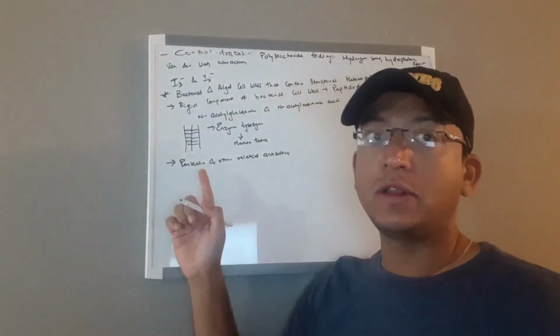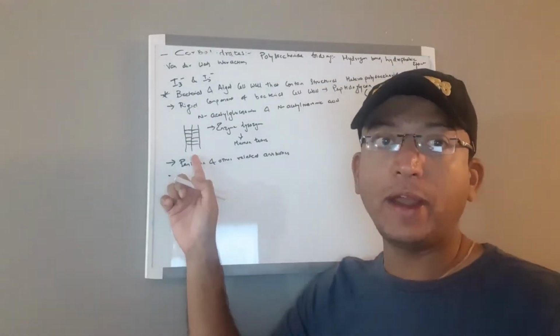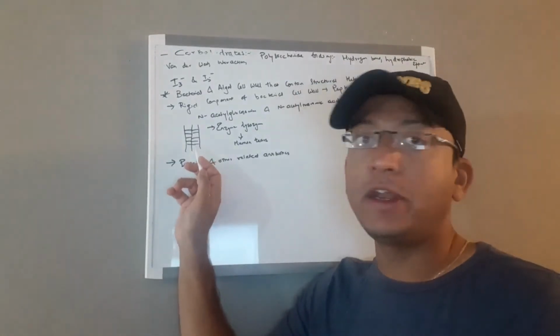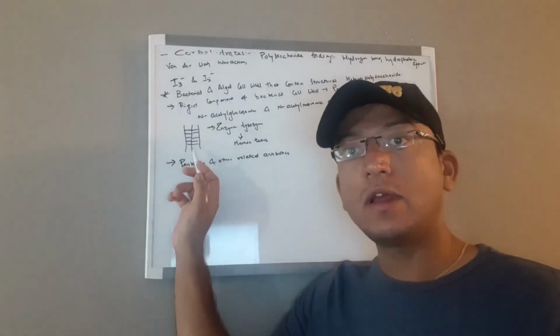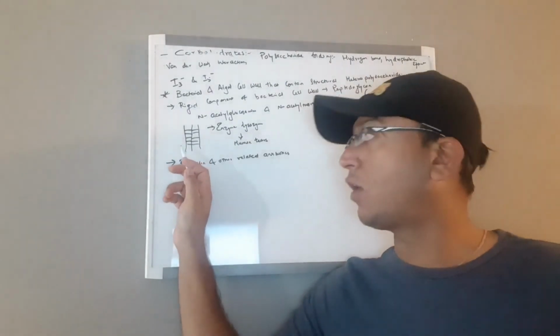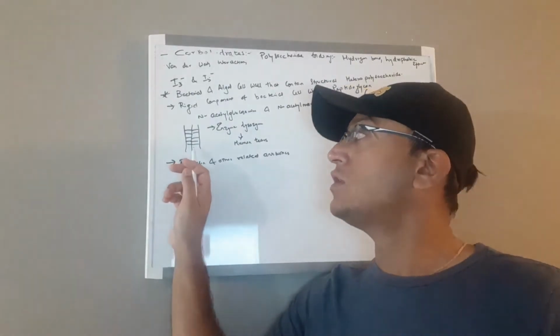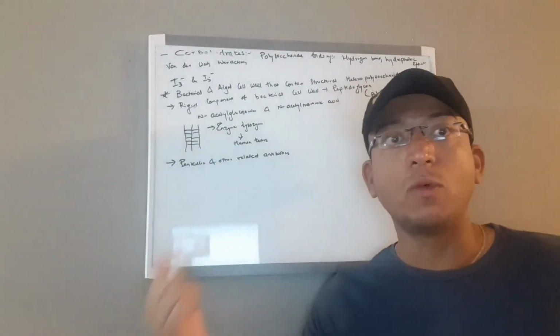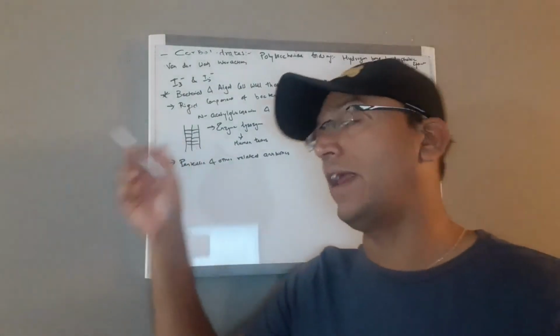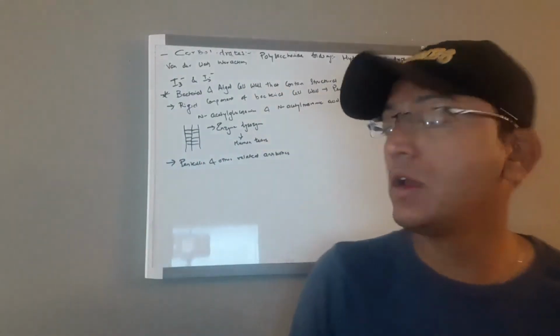It prevents the synthesis of these peptidoglycan crosslinks, these peptide crosslinks. If the crosslinks are not formed, what will happen? The cell wall is too weak to resist osmotic lysis, and the water can enter and the cell can burst, right?